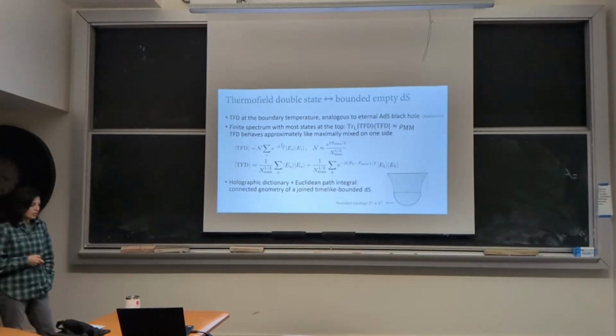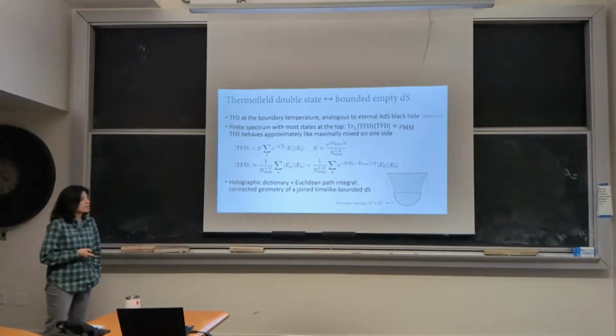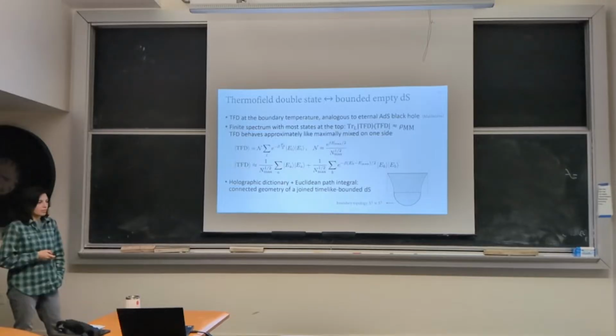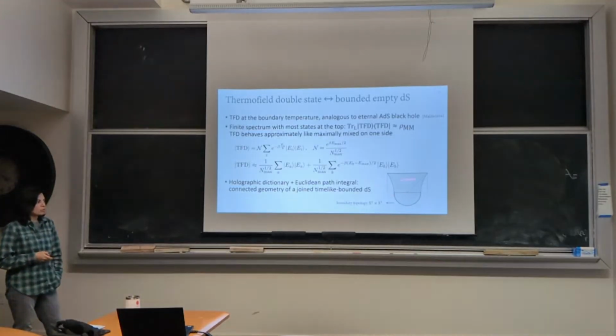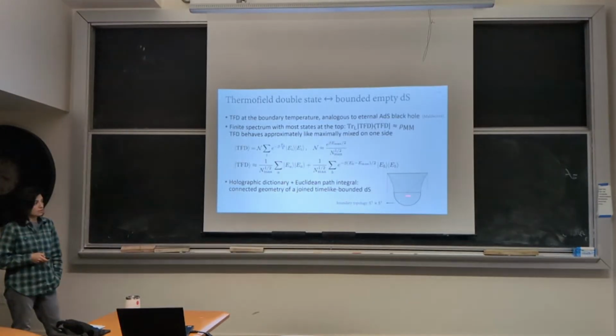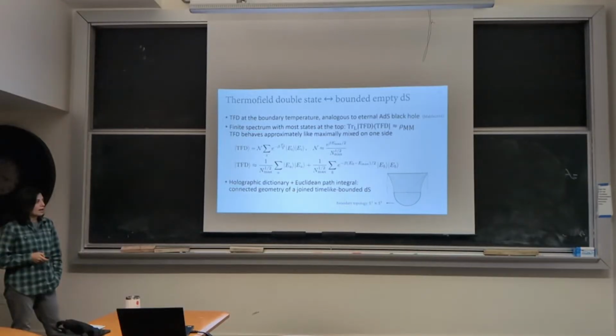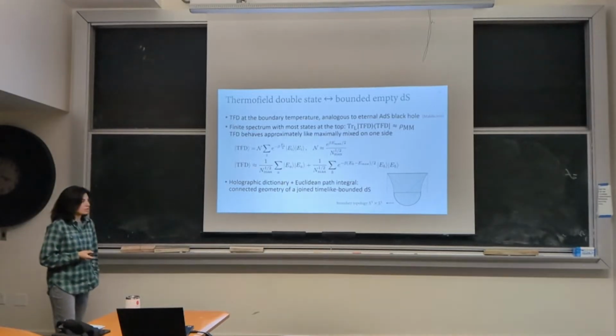Then the usual Euclidean path integral algorithm leads us to picking something like a Hartle-Hawking state, but on this slice that fills in the boundary. And then if we evolve it, we get the connected geometry of a joint, kind of like a bounded de Sitter space.